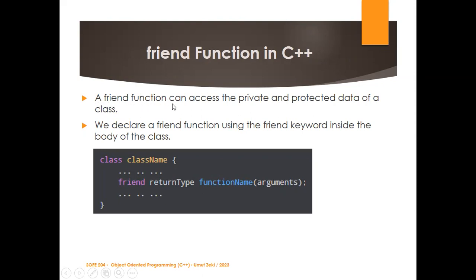A friend function can access the private and protected data of a class. How can we declare a friend function? Inside the class, we put the friend keyword in front of the function prototype or definition. The rest is just a normal function definition or prototype.